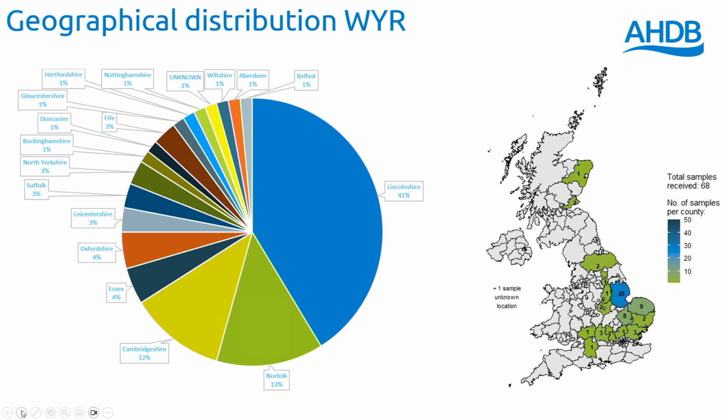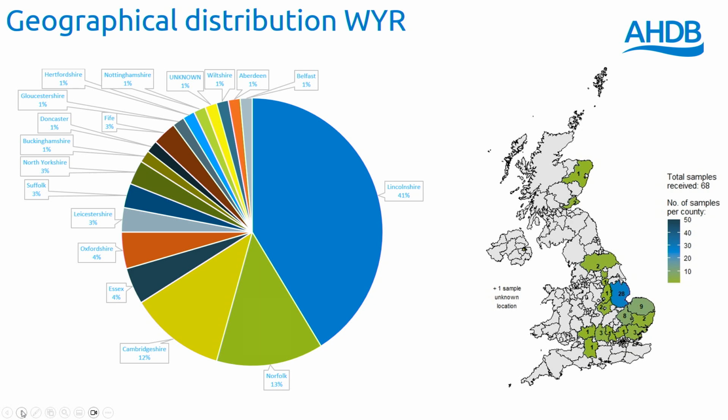This is the geographical location. The graphic on the right shows you a map of the UK, and anywhere that's coloured in, we've received samples from, and the darker the colour, the more samples we've received from that location. The pie chart shows you a breakdown of where they were from.